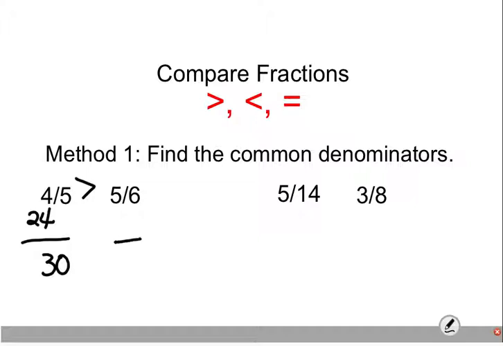What does 5/6 become? 30 is my common denominator. What's the numerator going to be, Tyler? 25? So is 4/5 greater than 5/6? Nope. This is not a true statement because it's going to have to be less than.